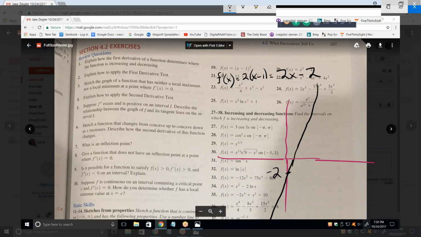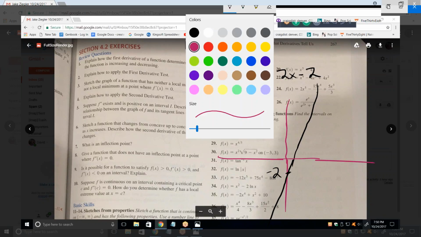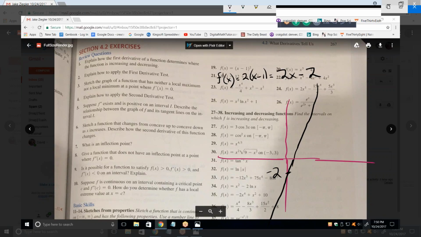The reason I know is that the original function, the vertex has to be right there, right? In other words, I know the original function is x minus 1 squared, so it's a parabola that opens up whose vertex has been shifted 1 to the right. So that's where the original function has to be. That must be the point 1.